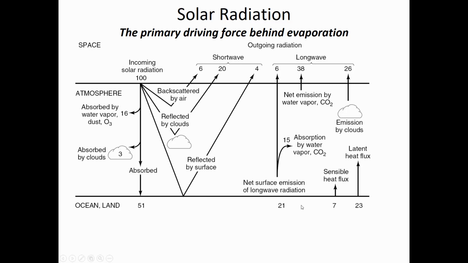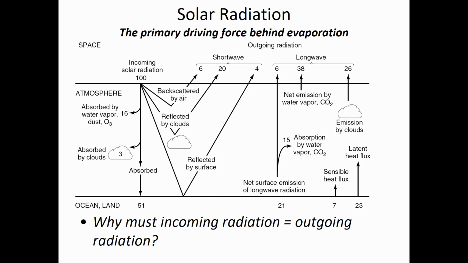But if it is absorbed, then it's emitting long wave radiation. And the difference between the two is how much energy there is that is able to drive the evaporation that we're interested in. If water is reflecting energy, then that's not energy that's available to evaporate. The water has to absorb it for it to drive evaporation.